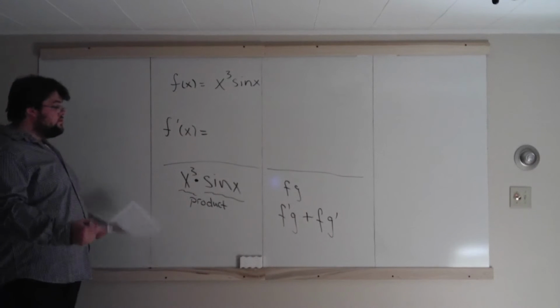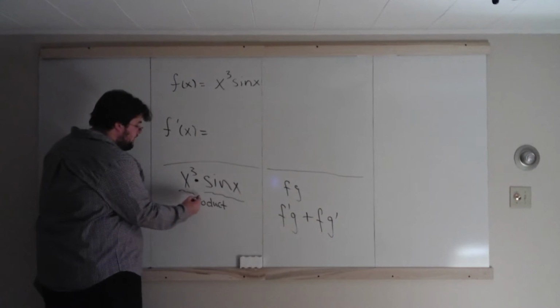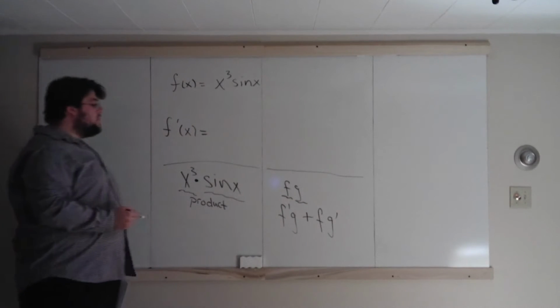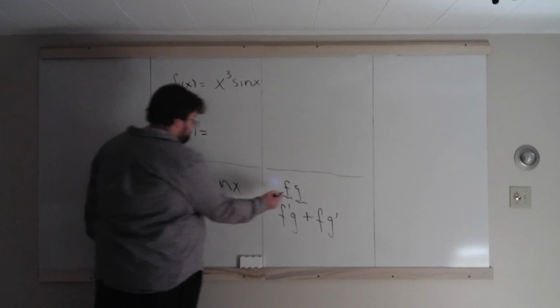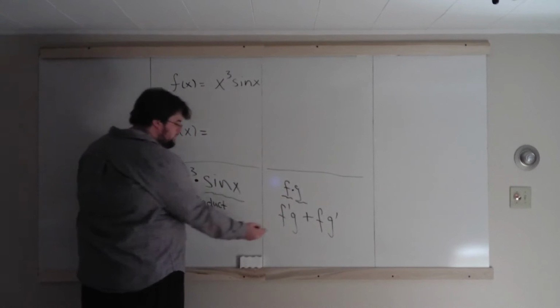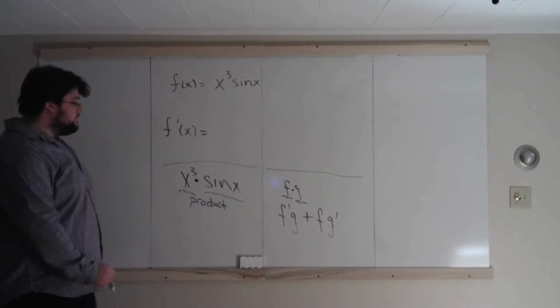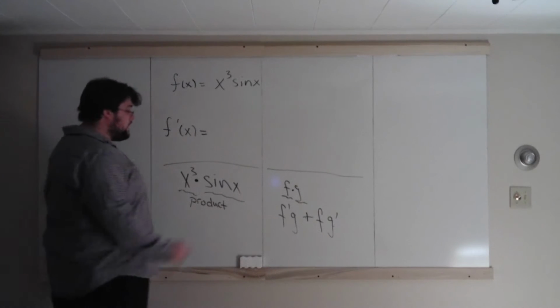So that's what we need to do here. Here we have one function, here we have another function, so the derivative will be done using a product rule. Well, for this, all we have to do is fill in these 4 pieces. 5 pieces if you include the addition sign.